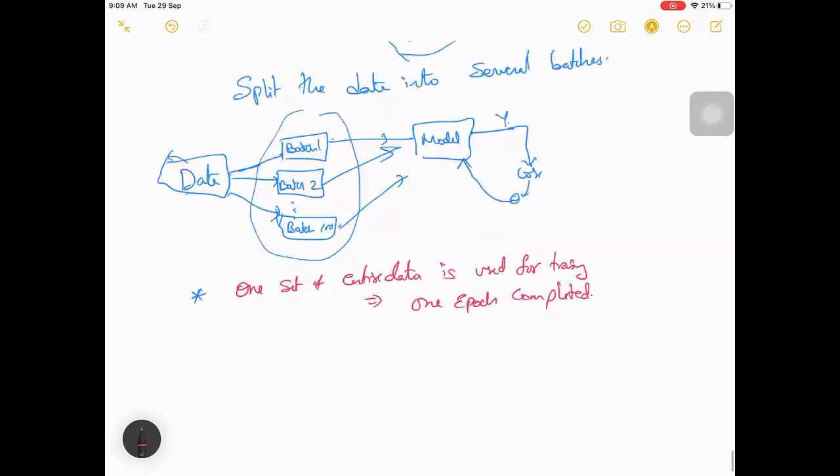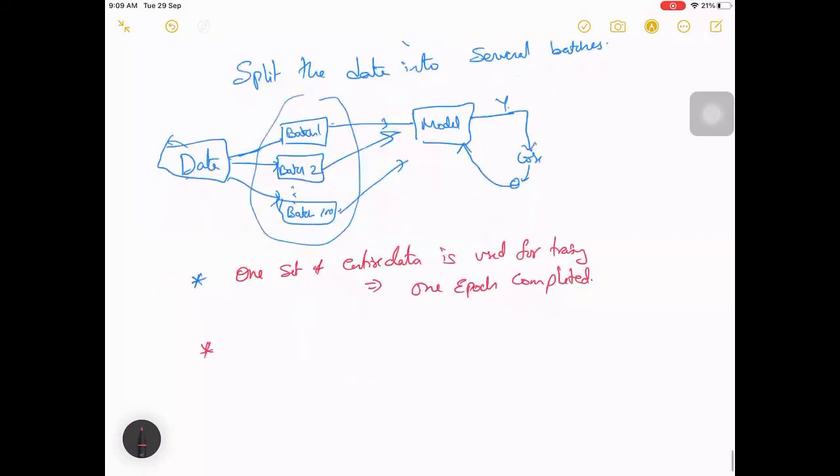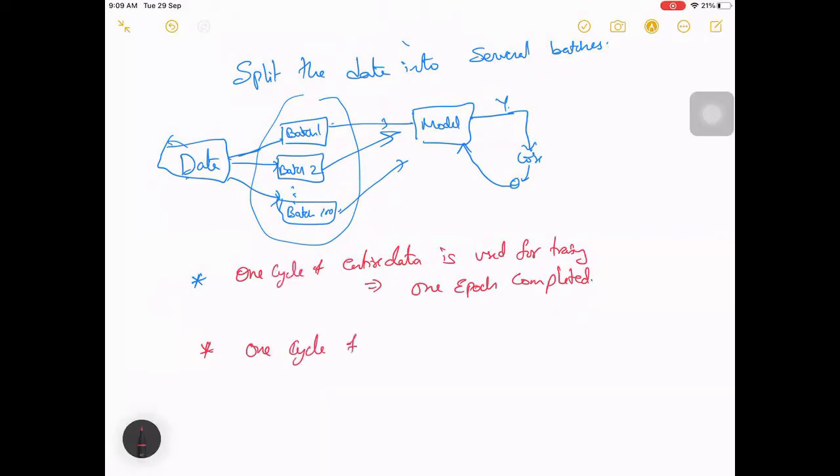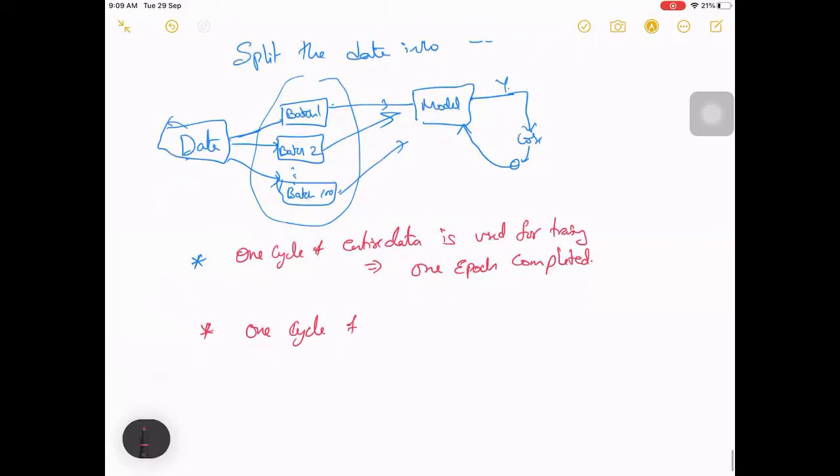And the second case: this is epoch, right? But one cycle of model training is done implies one iteration is done.